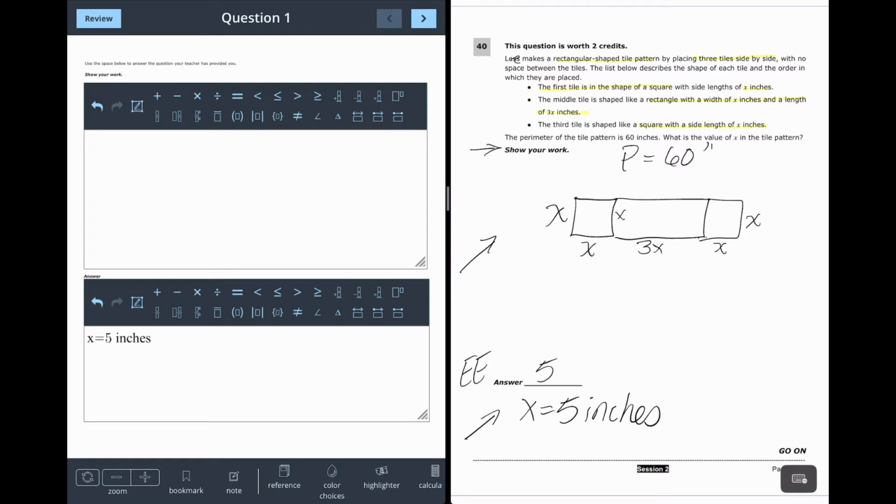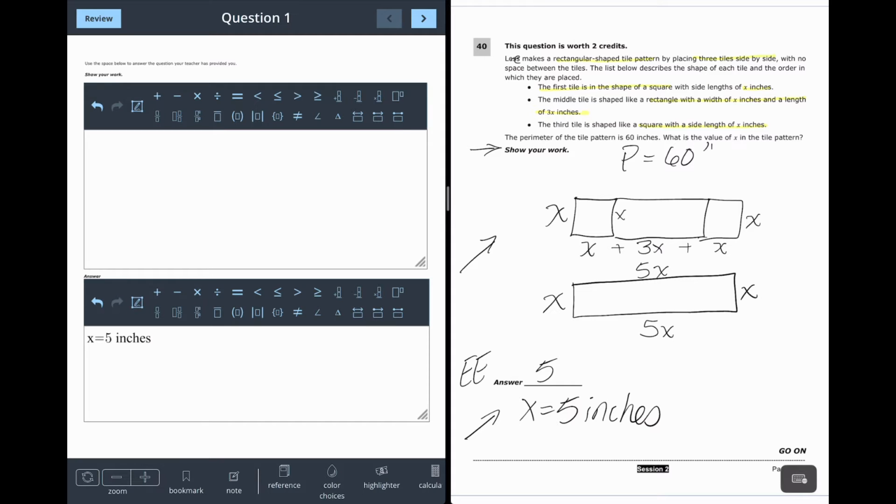Okay, so I'm going to redraw this into a more simple rectangle. So I know these sides are x. And on the bottom, I'm just going to add these 3 together. X plus 3x plus x is 5x, and here's 5x. So now I know my perimeter is equal to 60.